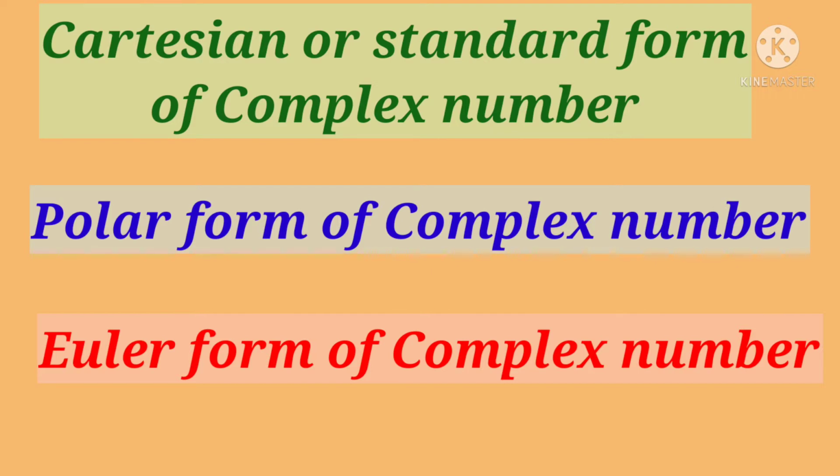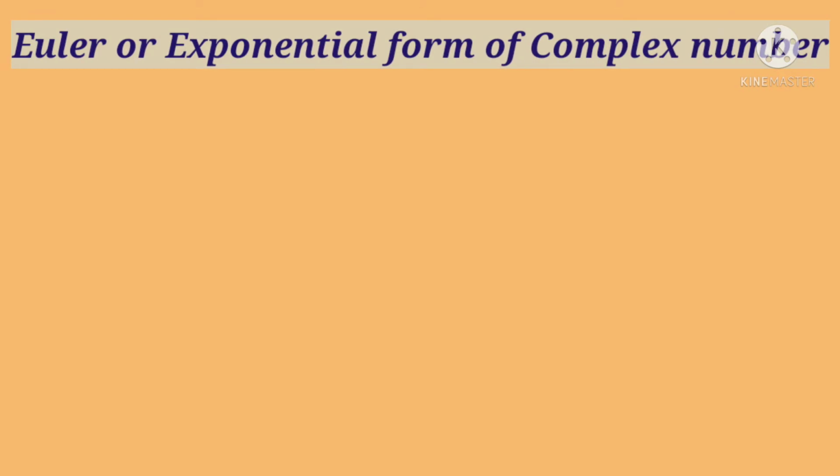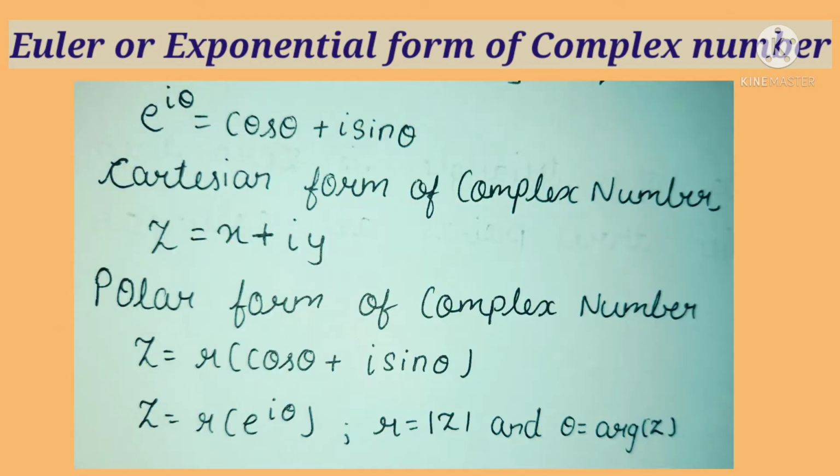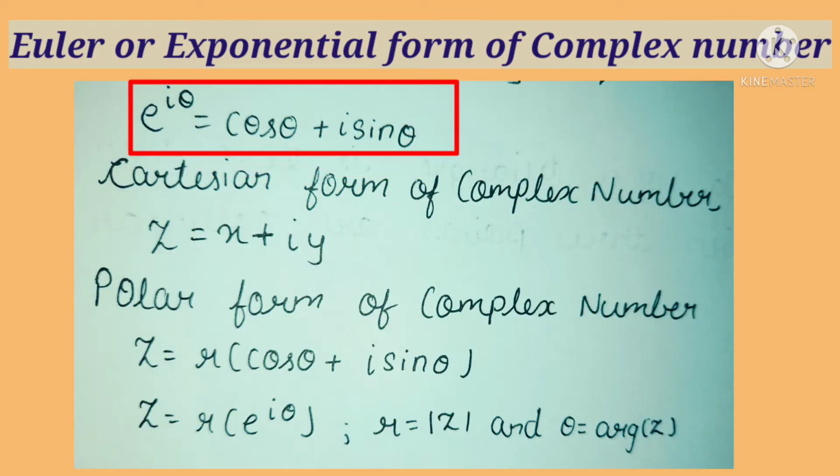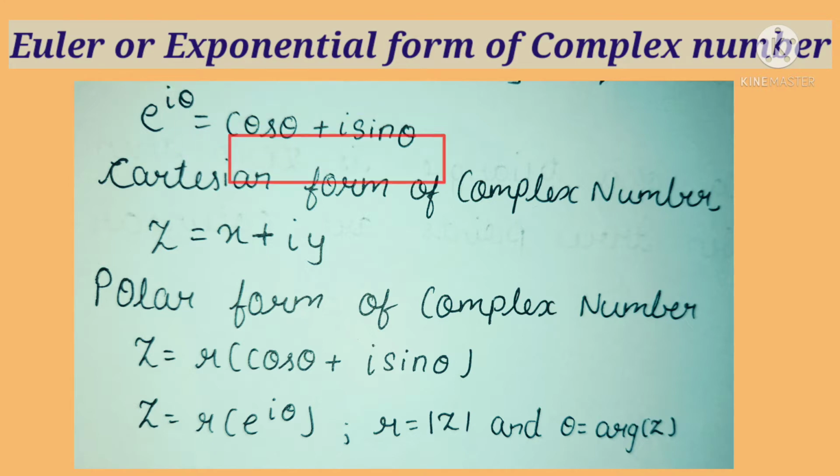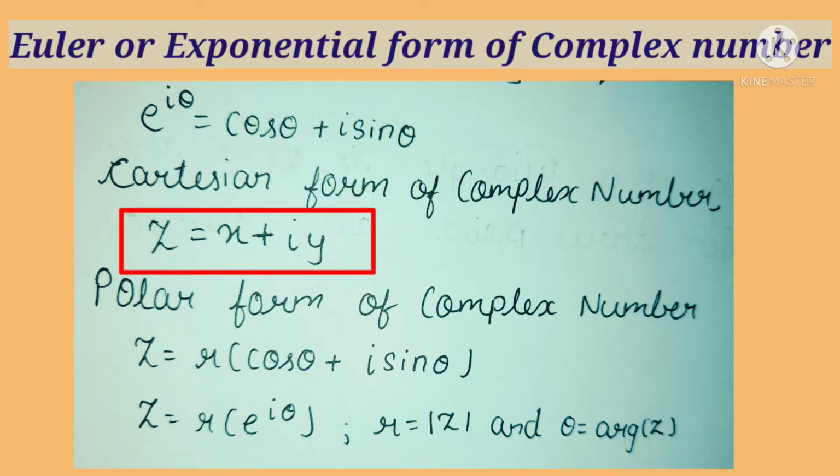One of the forms is the polar form and the other form of the complex number is the Euler form. We can also name it the exponential form, because e raised to i theta is equal to cos theta plus i sine theta. Let z is equal to x plus iy be a complex number.